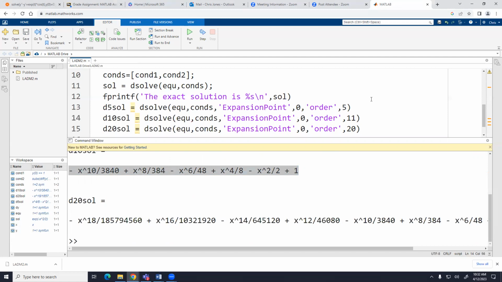It looks like MATLAB just chopped it off. Maybe it gives it up to the 10th degree, but not including that. So if I wanted the 10th degree, I'd probably put 11 in there. So this would be 10th. And then over here, I would want 21 to get to the 20th degree.